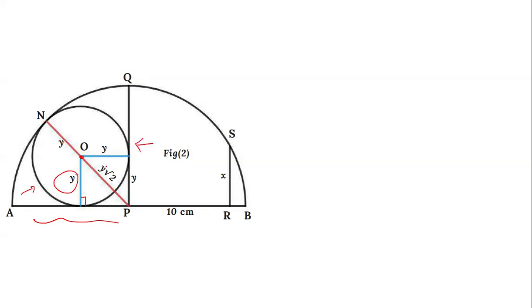Also this is a tangent, so if we draw a perpendicular, this length is equal to the radius. Now this is y and this is y. This line and this line are parallel, so this distance is y, so this is also y. This is a square with all sides y.